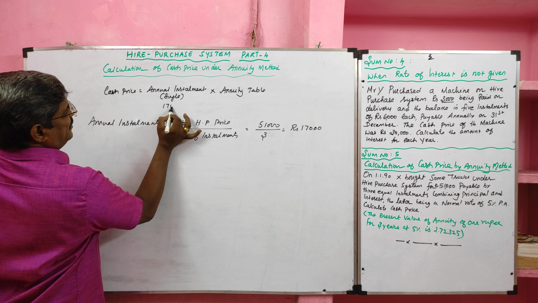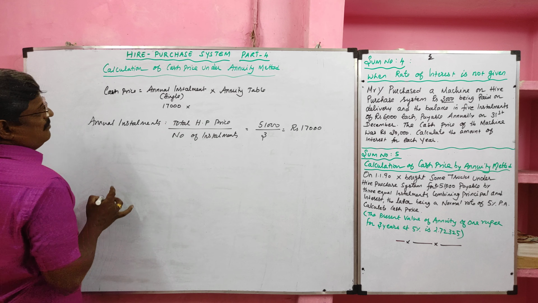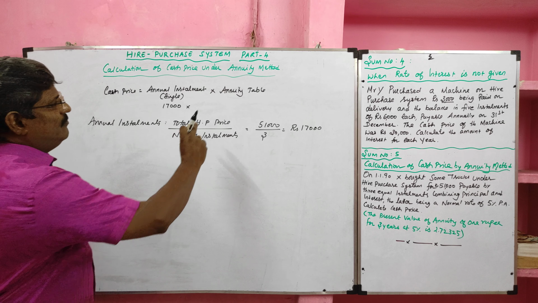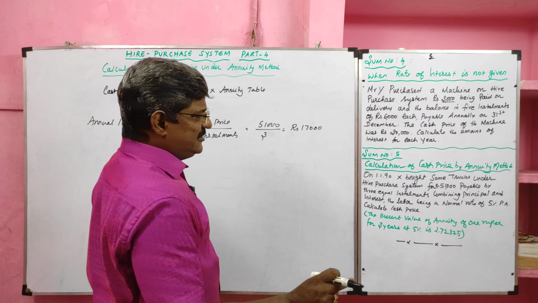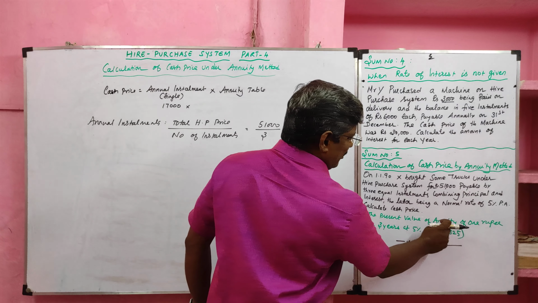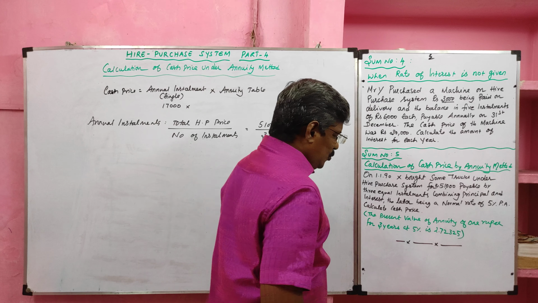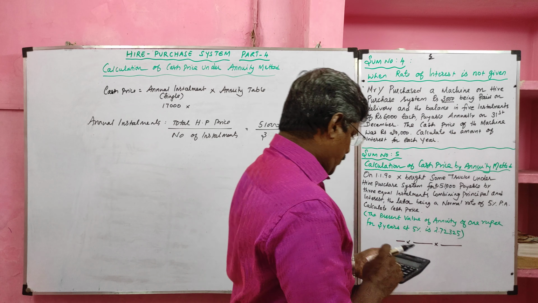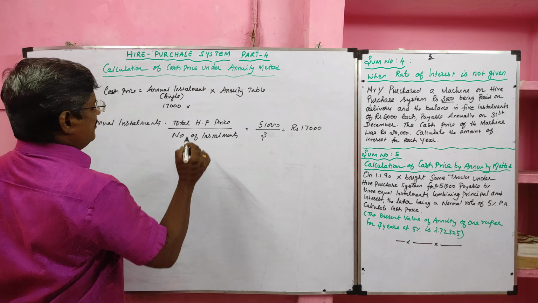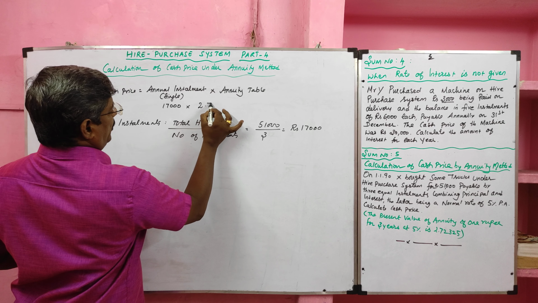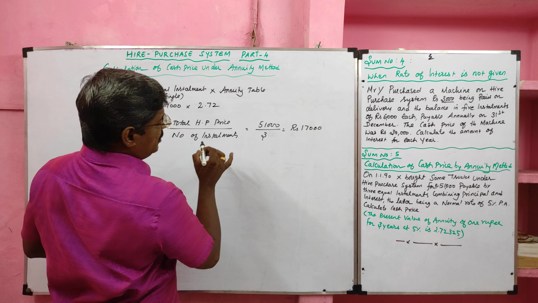Now we ascertained the single annual installment. We should multiply it with the annuity table which is given in the question. The present value of annuity of 1 rupee for 3 years at 5% is 2.72325.